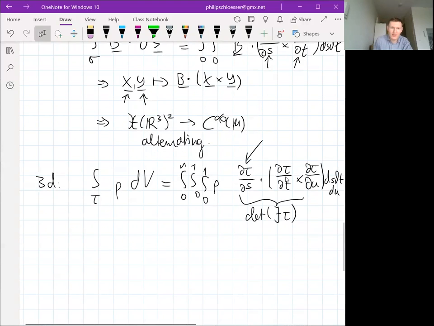So this is a tangent vector, this is a tangent vector, this is a tangent vector. So we are again dealing with an alternating map that takes 3 tangent vectors and produces a real number.